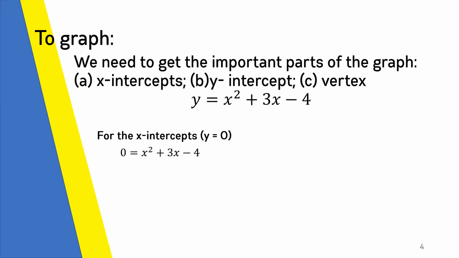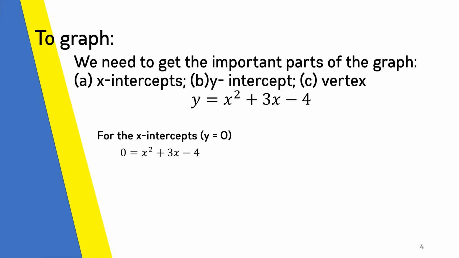So you have here 0 is equal to x squared plus 3x minus 4. As you are about to review, this is already set in the standard form of the quadratic equation, where in fact the other side is 0. So we're going to find the roots of this function, so we could find the values of x that will be serving as the x-intercepts.